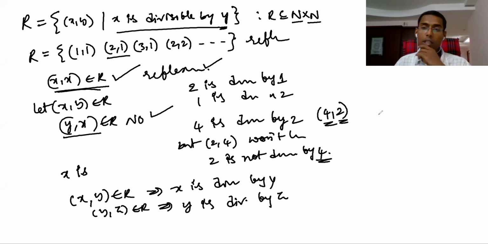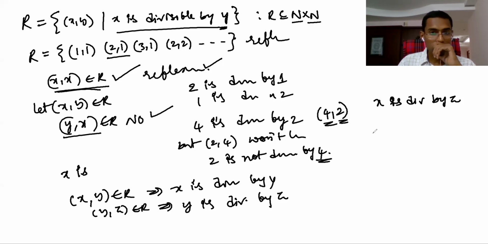Then automatically x is divisible by z. Automatically it will happen. Why? Because you see, here we have taken 4 comma 2 belongs to R. 2 comma 1 also belongs to R.